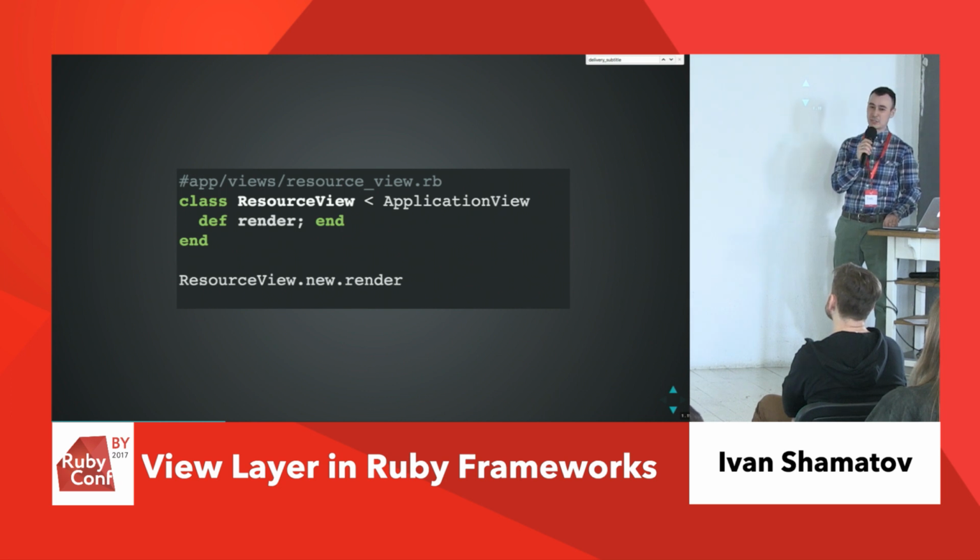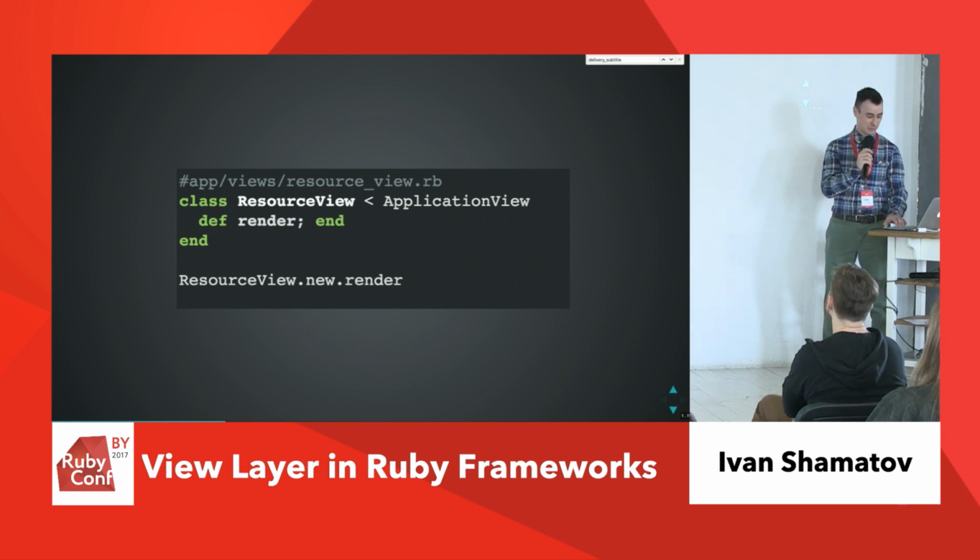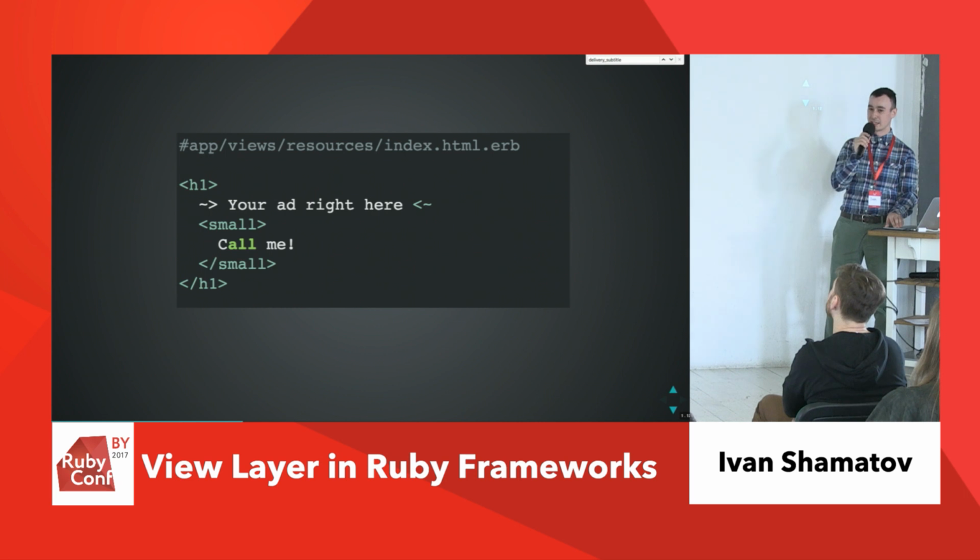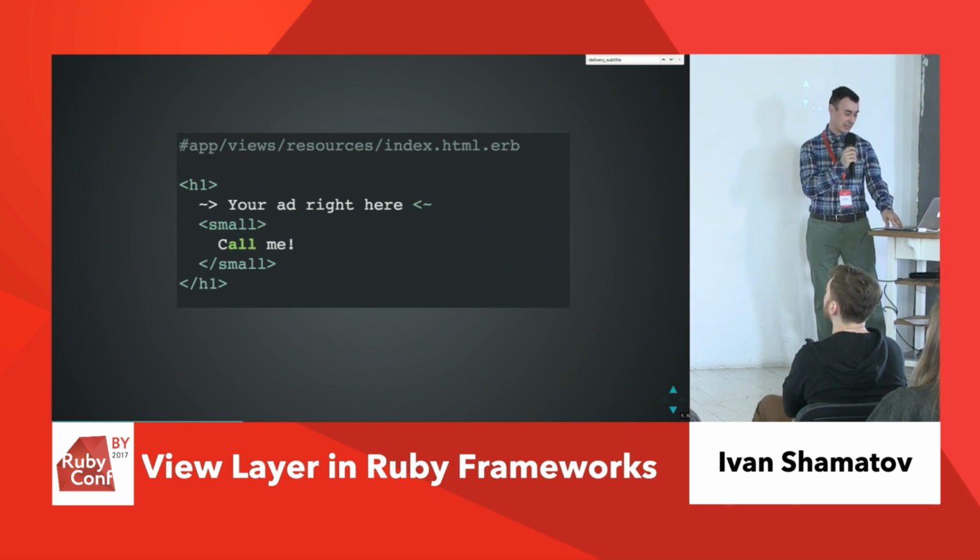But I'm sure not all of us can see something like that, for example, a resource view, which inherits from application view, which in its turn inherits from action view. And yeah, most of the time we see something else, right?